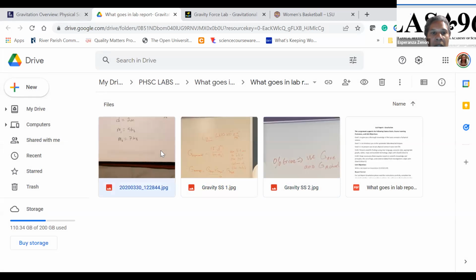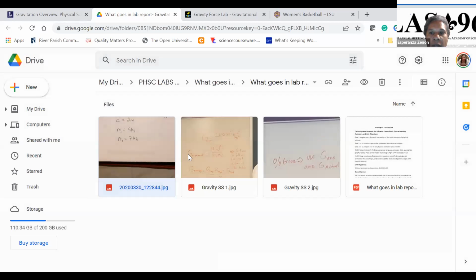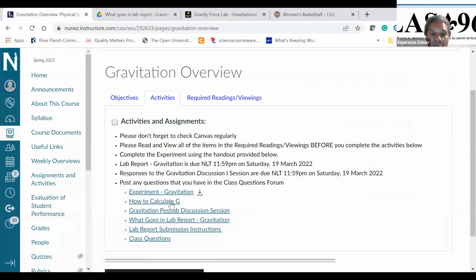Okay, and I believe I even did an example of using some measurements to calculate G to show you how to do it. So if you go into this folder, then that can help you tremendously on knowing how to calculate G to fill in the table.